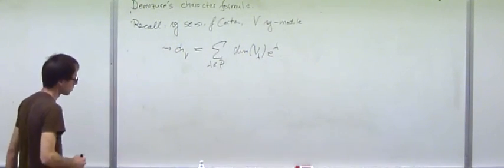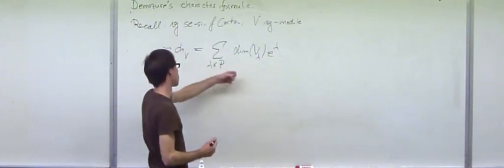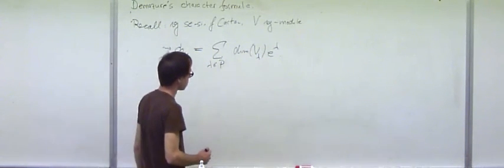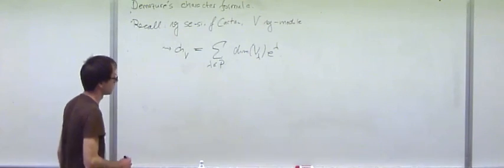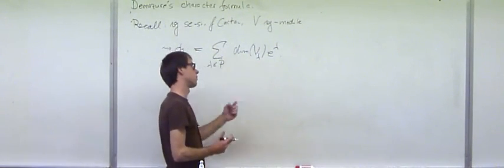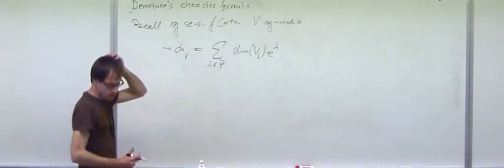And one wants to calculate these dimensions, or equivalently this character, and we already saw Weyl's character formula and this trick to express these dimensions by means of a vector partition function, and now this gives another possibility to do this.